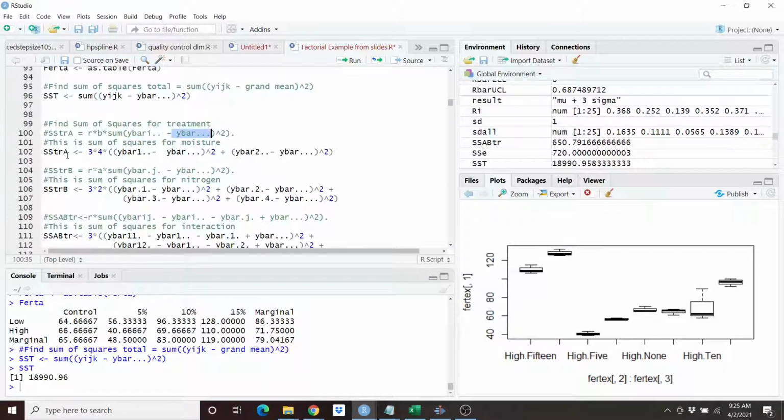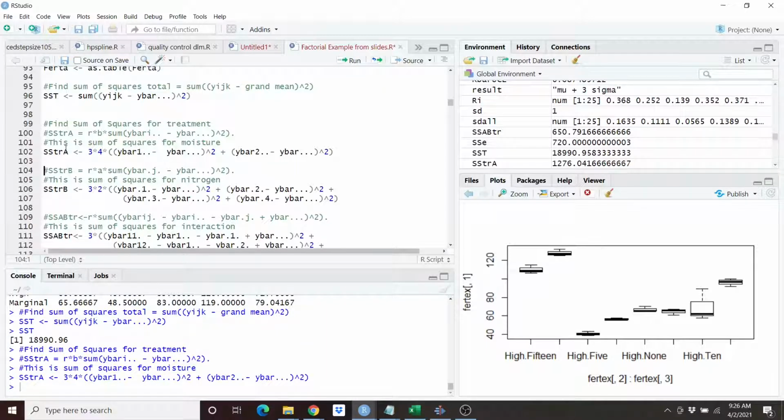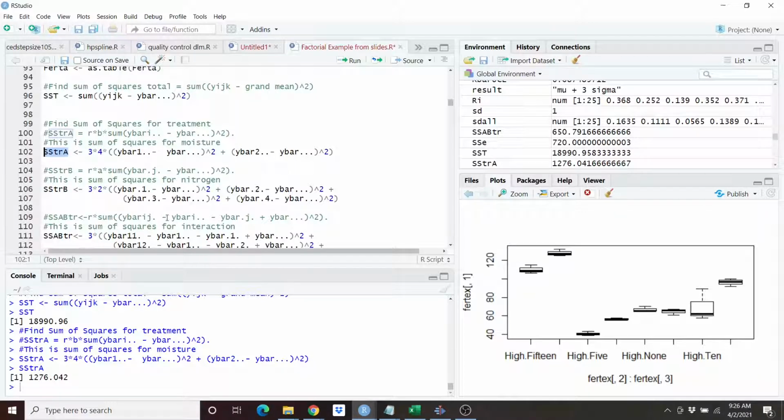Notice for sum of squares treatment A, there are 3 replications and 4 levels of B. So I'm going to take my marginal mean for low minus the grand mean squared plus the marginal mean for high minus the grand mean squared. When I run this, we'll see that sum of squares treatment A is 1276.042.